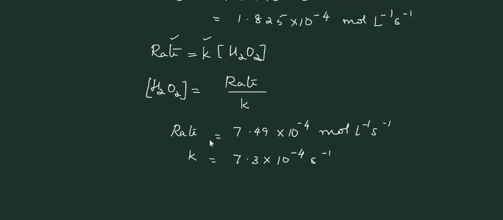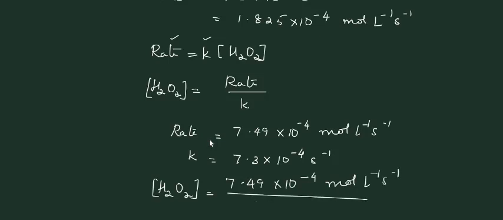Substituting, we will get H2O2 concentration is equal to 7.49 into 10 raised to minus 4 moles per liter per second divided by 7.3 into 10 raised to minus 4 second raised to minus 1.